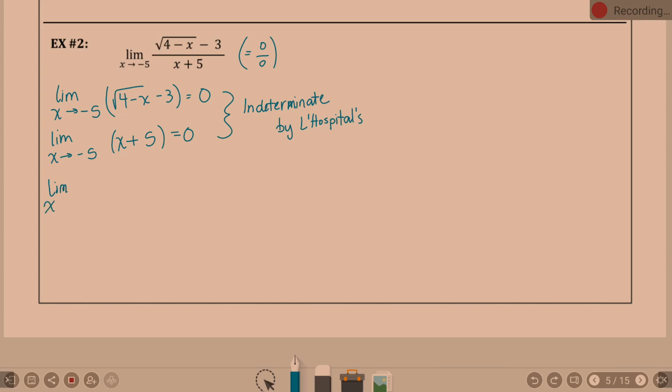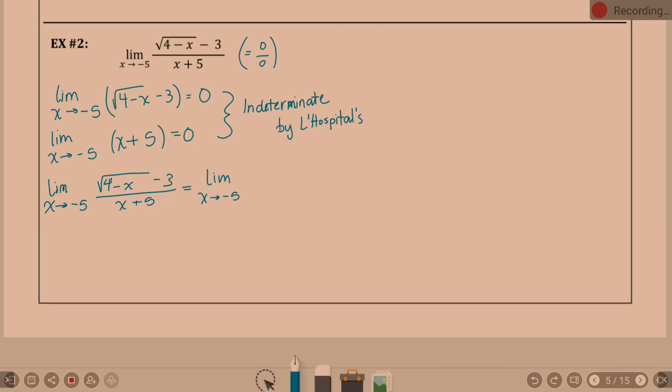So the limit as x approaches negative 5 of, originally, the square root of 4 minus x minus 3 over x plus 5. The limit as x approaches negative 5.